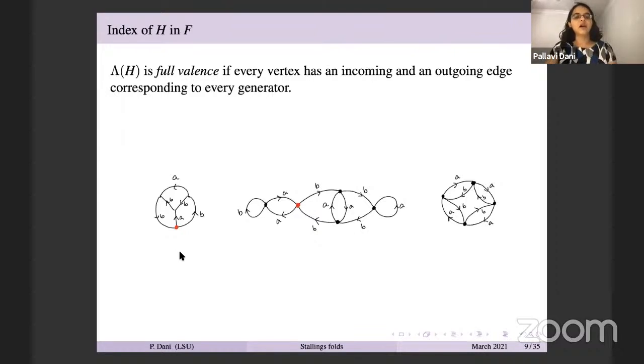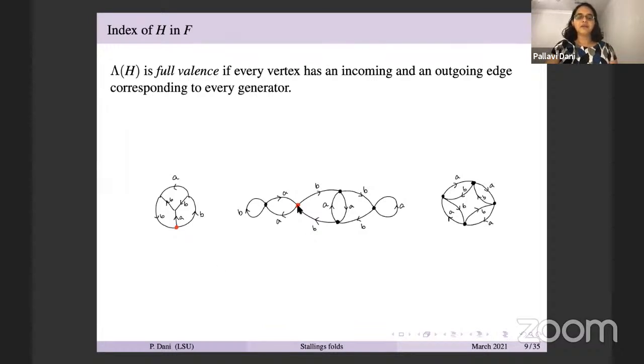So here the generators are A, B, and then inverses are A inverse, B inverse. So each vertex has to have locally valence 4. It's fine if, as in this case, we've got a loop, so that still counts as 4. But in the first example, you see that there are only 3 edges at each vertex. So this is automatically not full valence.